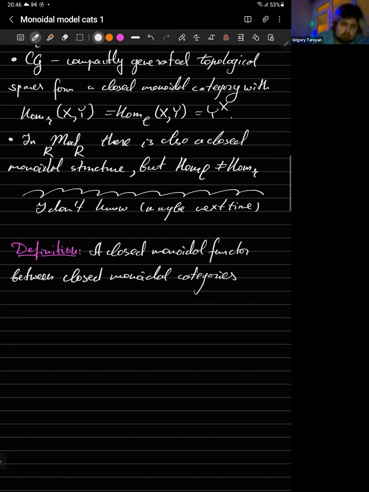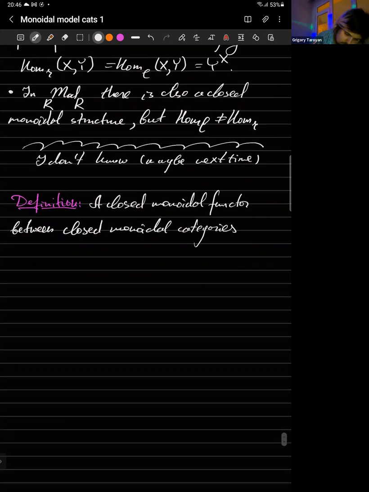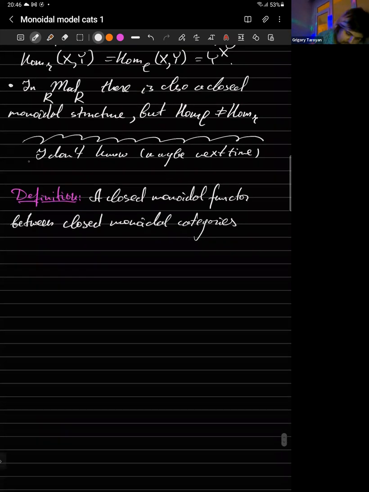But I know for sure from Hovey's book that this is an example where left and right Hom modules are different. Okay. We can figure it out later.